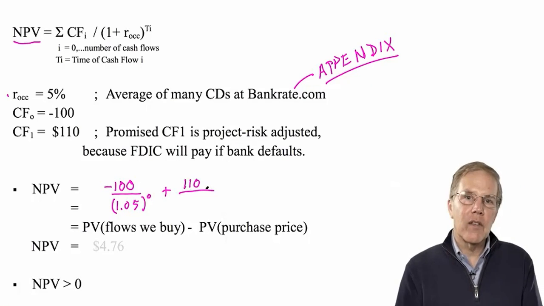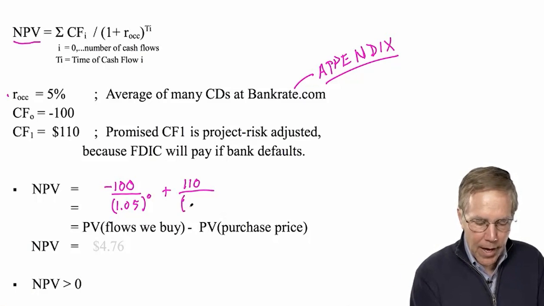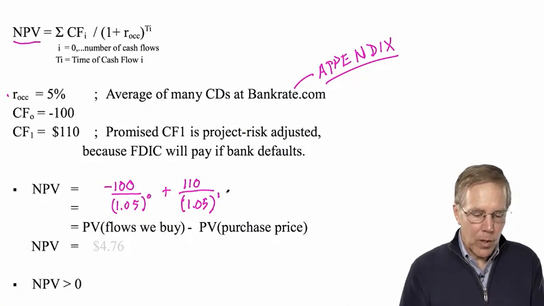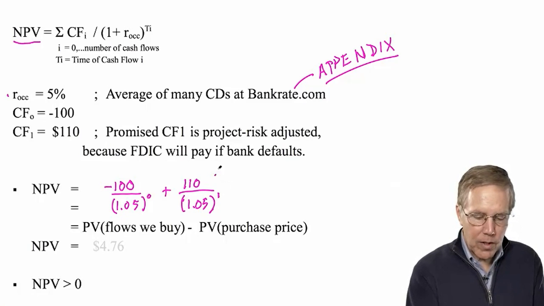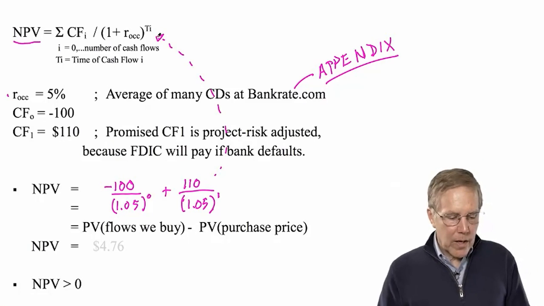That 100 is negative because that's our cash outflow at time equals 0 to buy the bond. All I've done here is just expanded and applied this formula directly, okay?